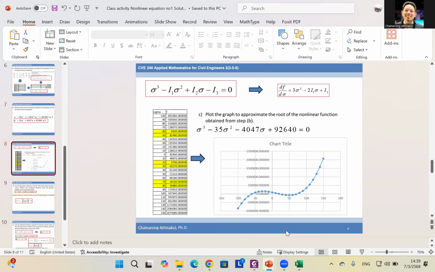For the bisection method, how many initial values do we require? They have to bracket the root, right? And we would like to find the maximum value, sigma 1.